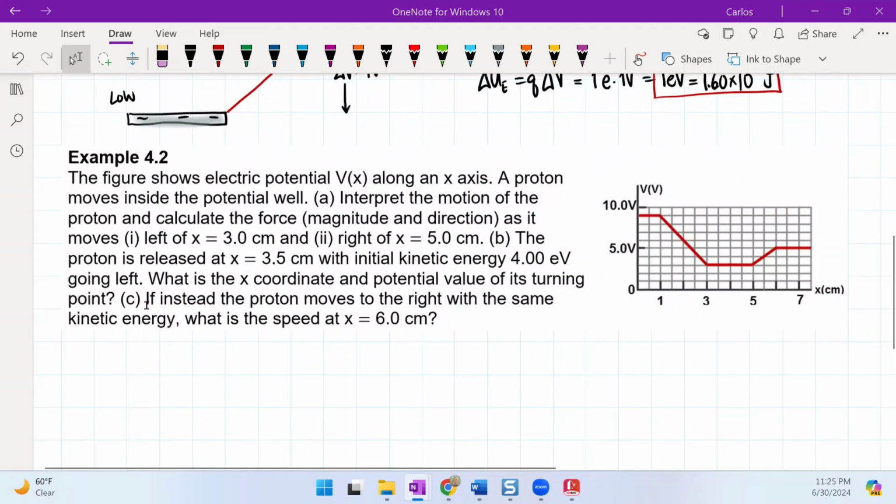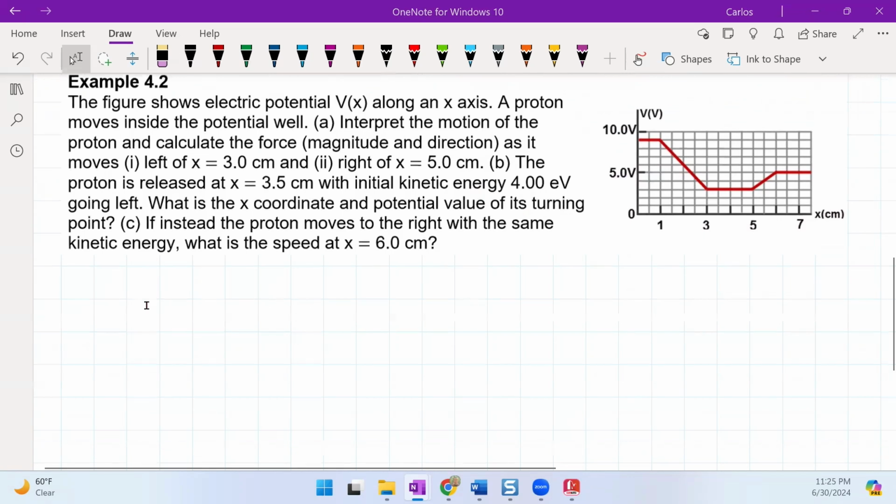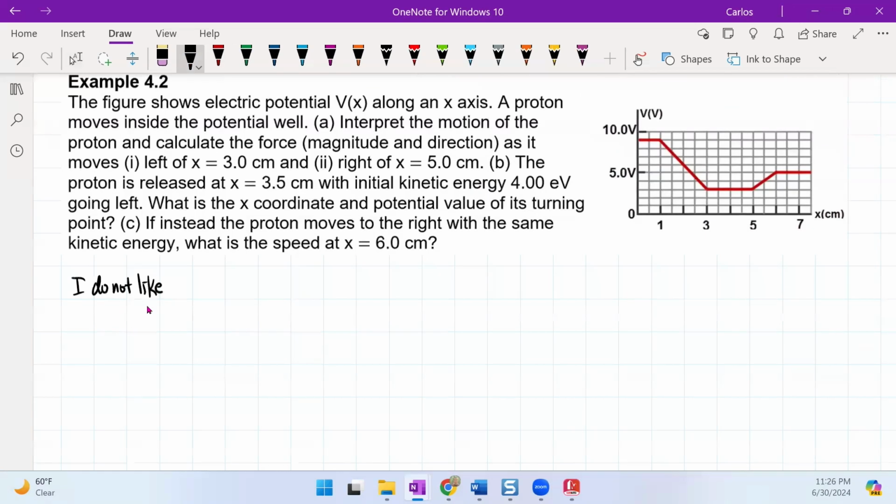So the first thing is I actually do not like that graph, this potential curve, since it's not in the easiest form.